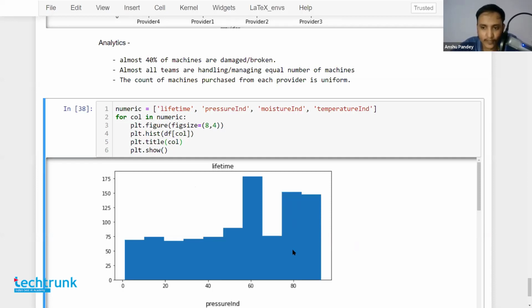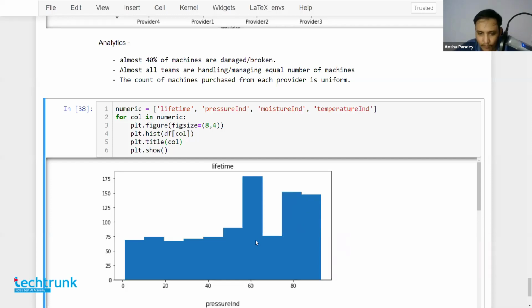You can say that those which are more than 80 are the oldest machines, and possibly they would have been purchased when the factory started, somewhere around 80 or 90 months back, which is around 6 to 7 years back. At that moment, possibly they purchased a high number of machines.